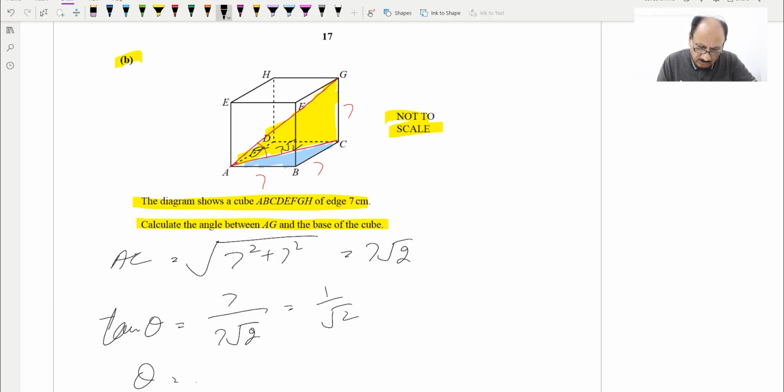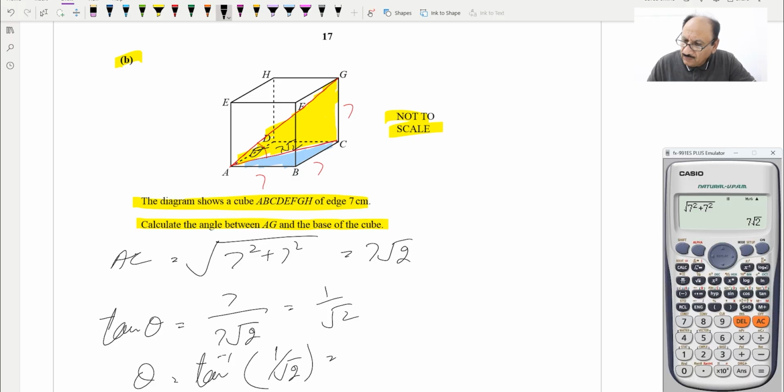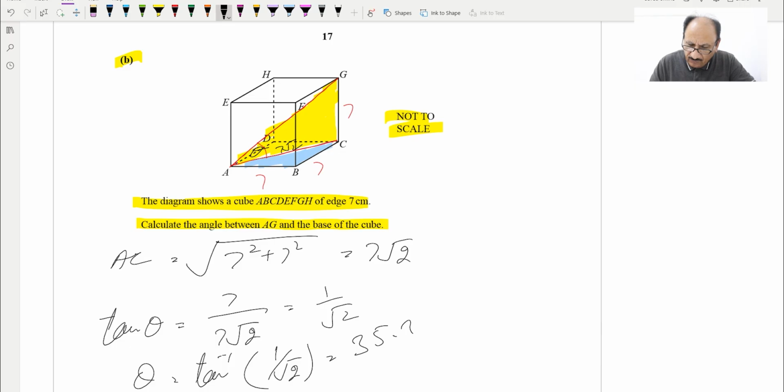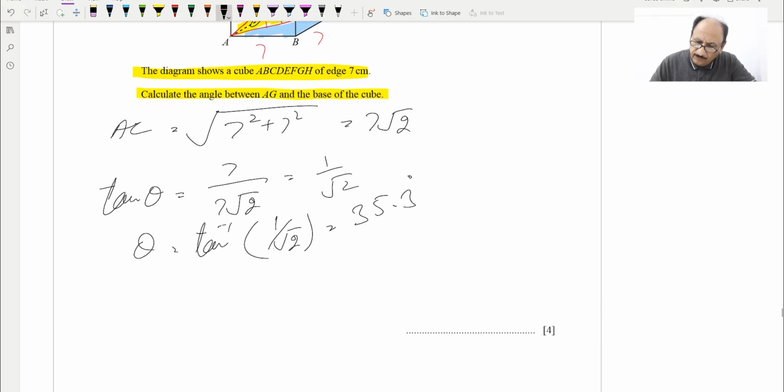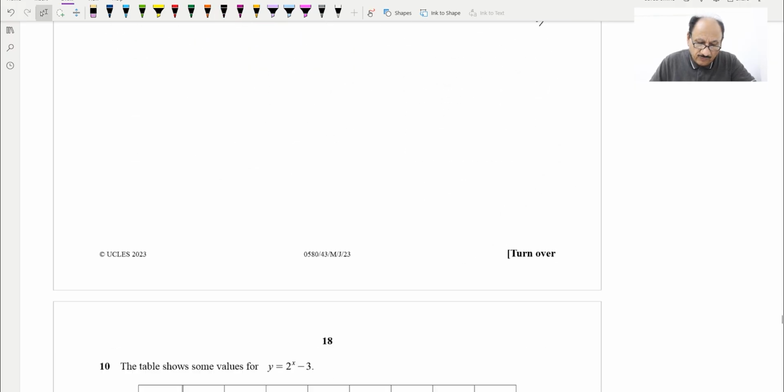So theta is equal to tan inverse of 1 over root 2, and using shift tan of 1 over square root of 2, this gives us 35.26 or 35.3. So 35.3 degrees will be our answer for 4 marks. This is done. Hopefully you understood this.